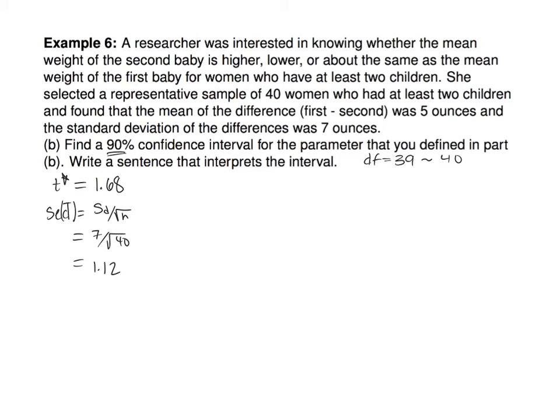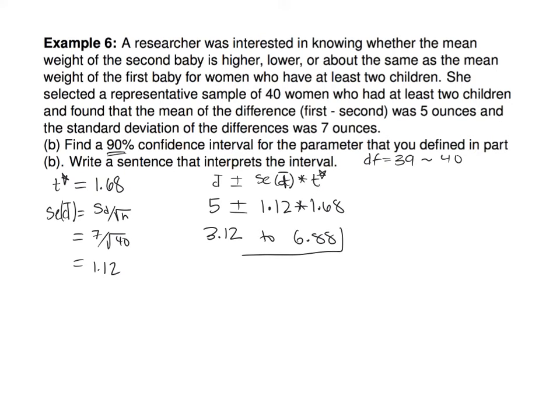And then our confidence interval is d bar plus or minus the standard error of d bar times your T star. So the d bar, the difference, was 5, plus or minus 1.12 times 1.68, which comes out to be 3.12 to 6.88.